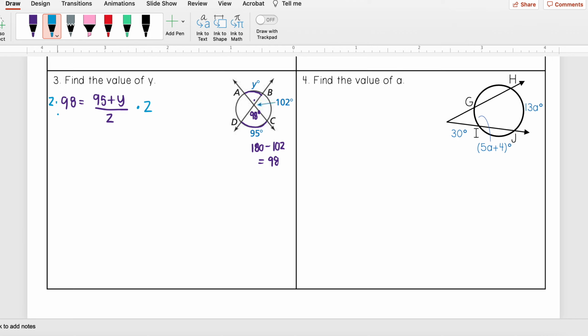And so 98 times 2, I get 196. These two cancel out, so I'm just left with 95 plus y on my right-hand side. And then I just need to subtract 95 from both sides. And so I get that y is equal to 101.